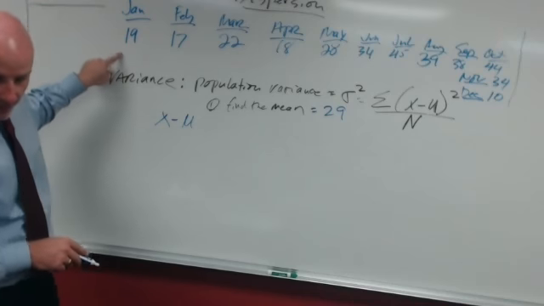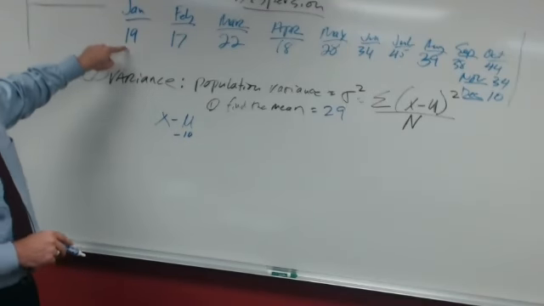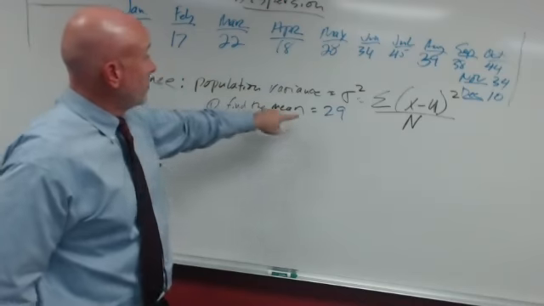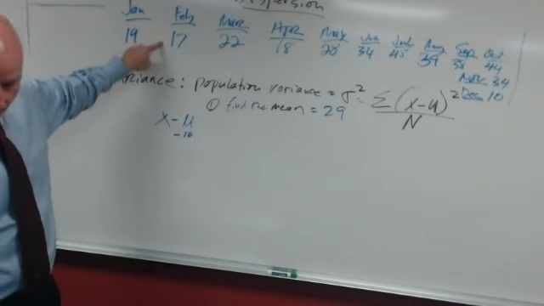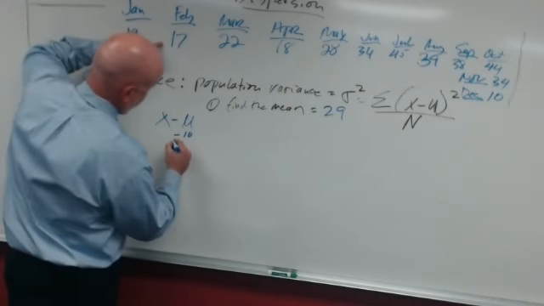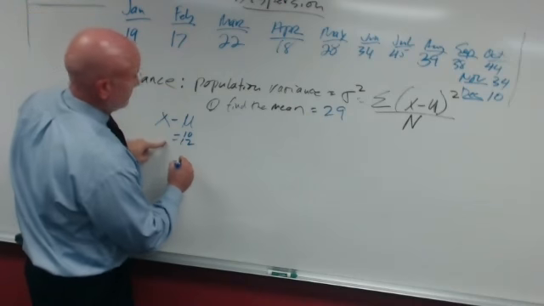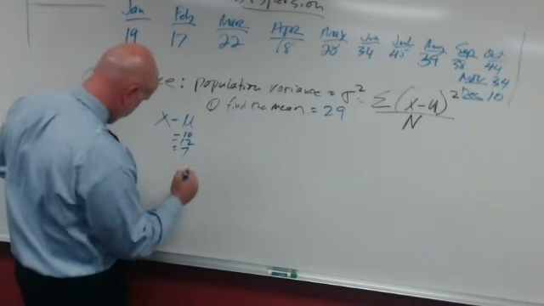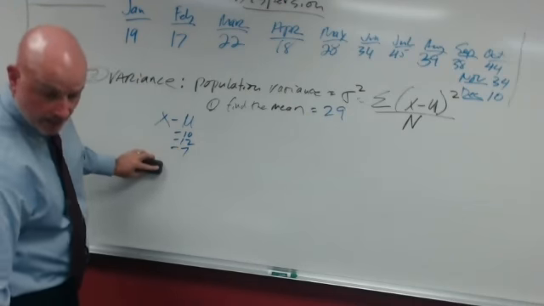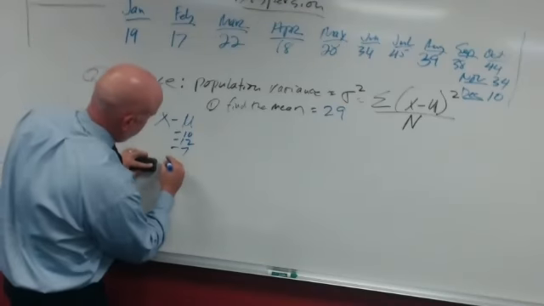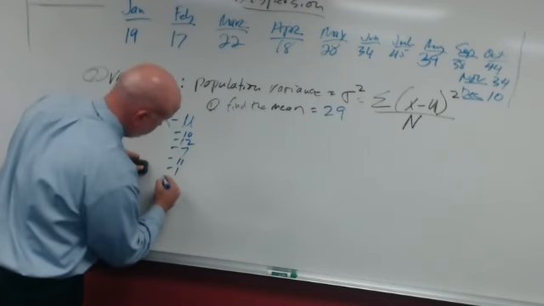In the first one, what do we have? Negative 10. How did you get negative 10? 29 from 19, okay. What's my next value? Negative 12. Negative 7. Negative 11. Negative 1. Positive 5.